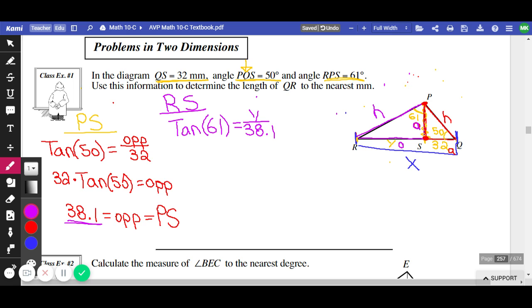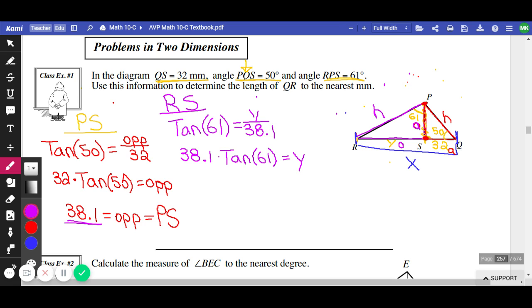You're going to multiply the 38.1 over here, right? So you have 38.1 times tan of 61 equals y.